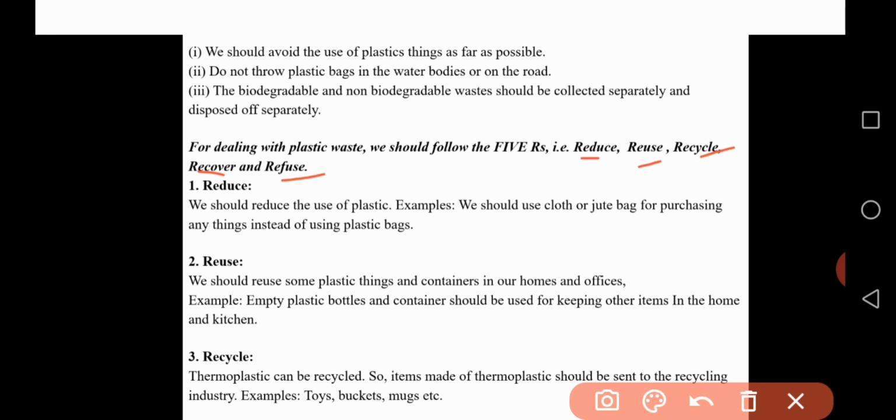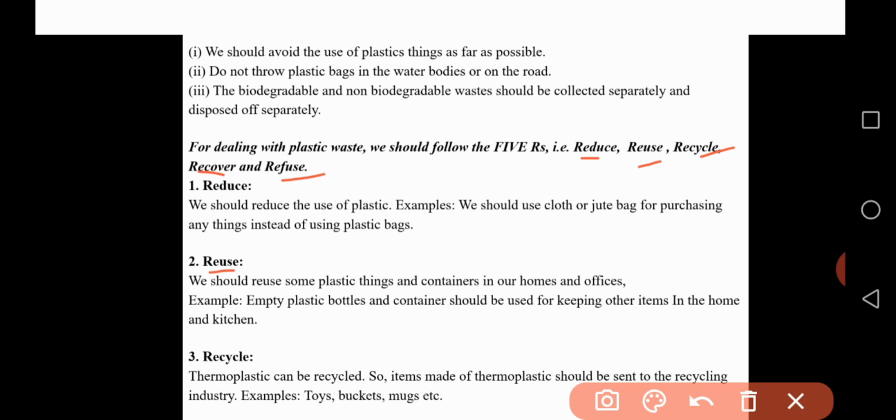For example, we should use a cloth or jute bag for purchasing anything, instead of using plastic bags. That is reduce. Similarly, reuse means we should reuse plastic.